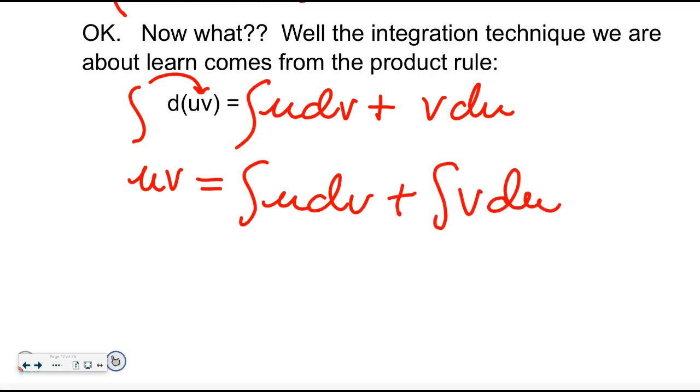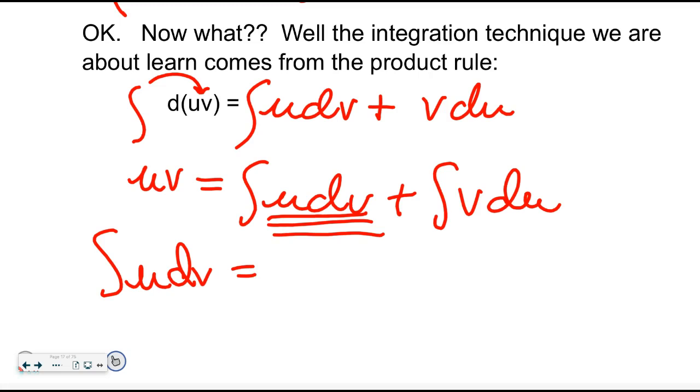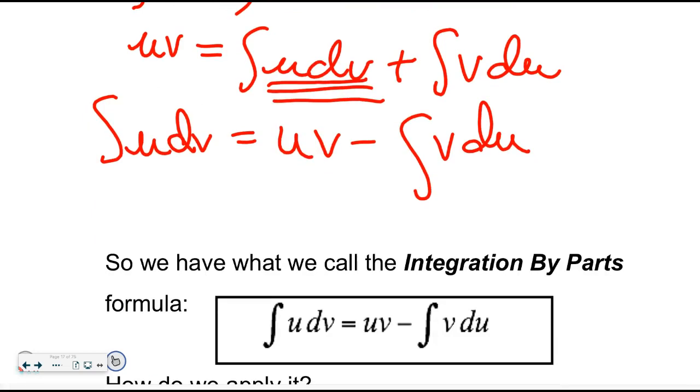But on the first one, it was a derivative, and I was taking the integral. What we're going to write is this. This is the guy that I'm going to solve for: the integral of u and the derivative of some function, so dv, equal to uv minus the integral of v du. You'll never have to do that, and it's not really a formal proof, but it's coming from the product rule, and it's used for when you see a product in the integrand.